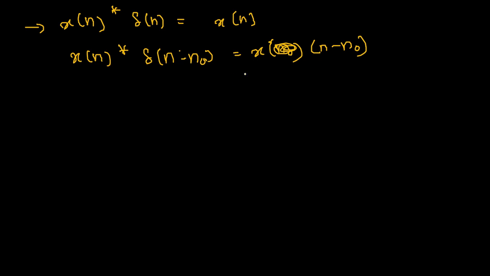Okay, so these are two properties which we can use to make convolution easier.